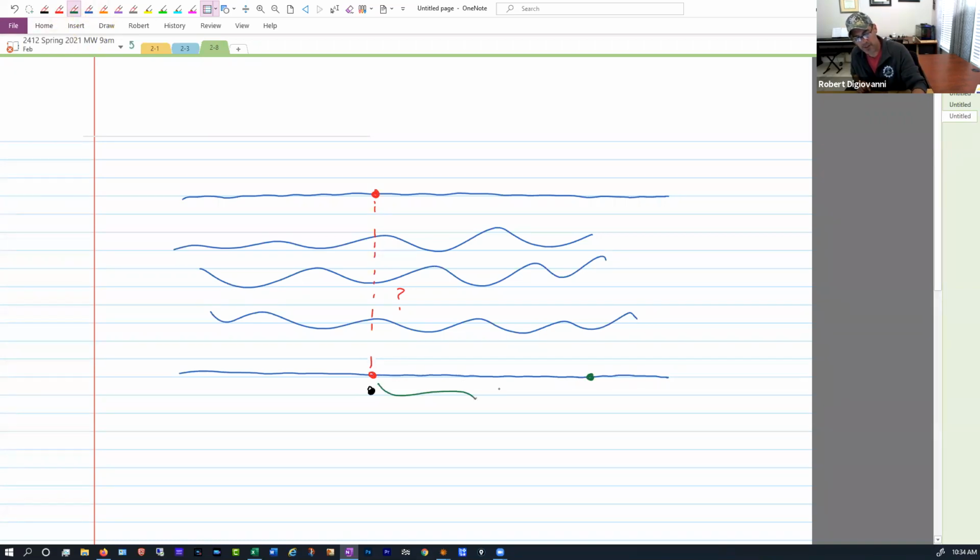I can measure this distance. Let's say that I measure 100 feet over. I just decide I'm going to go 100 feet that way. And then I can measure the angle from here to here. And let's say I measure that to be, I don't know, 13 degrees.